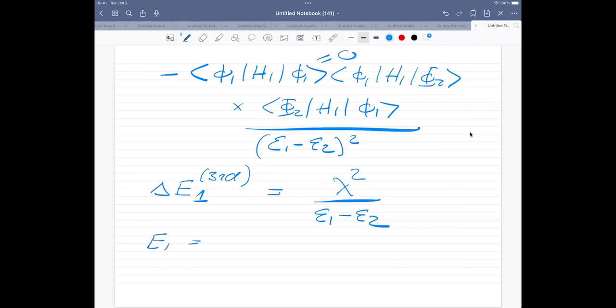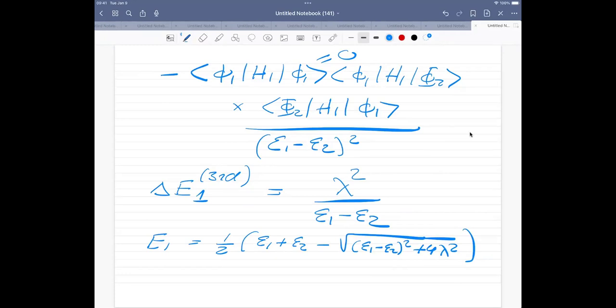This was given by 1/2, and I have epsilon 1 plus epsilon 2 minus the square root of epsilon 1 minus epsilon 2 squared plus 4 times lambda squared. Now I can Taylor expand the square root.